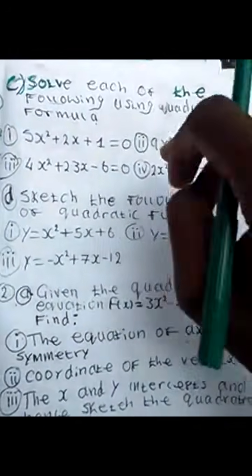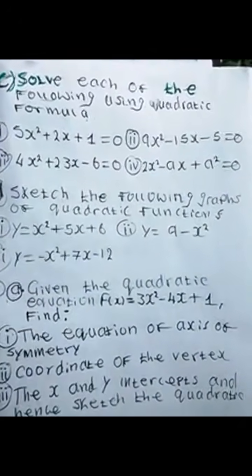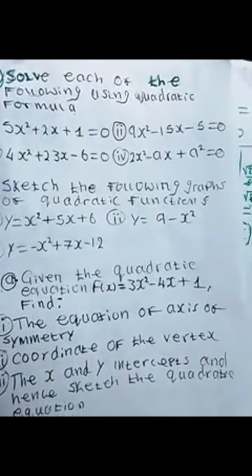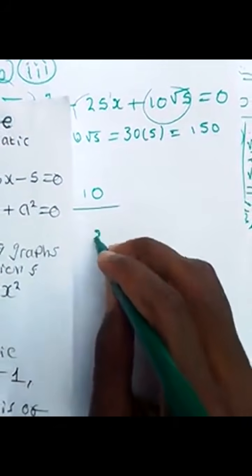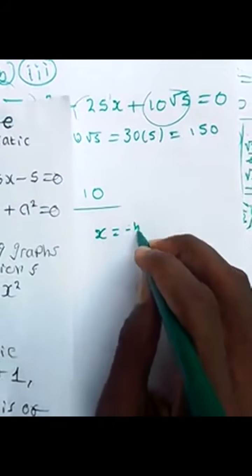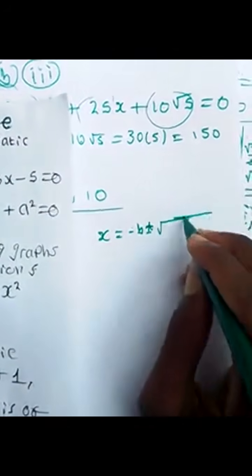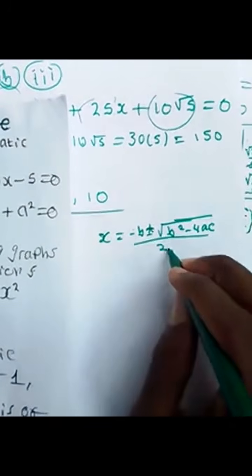I don't want to make the video unnecessarily long. Like the previous video, it was just so long, 2 hours, whereby I was solving things that you already know. Yeah, so this one, the quadratic formula is that one which we call the bus formula, where you say x is equal to negative b plus or minus square root of b squared minus 4ac over 2a.